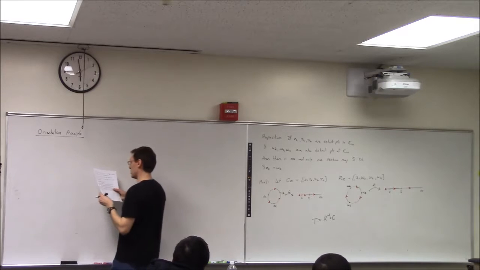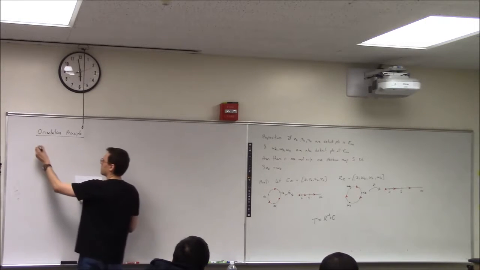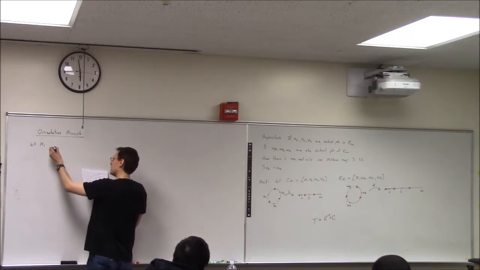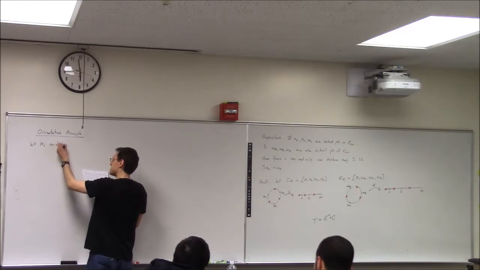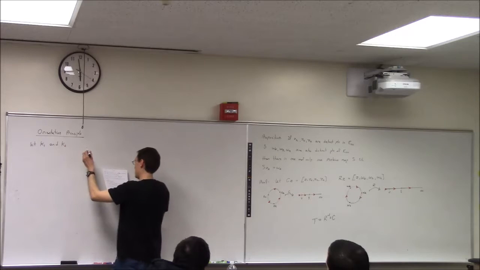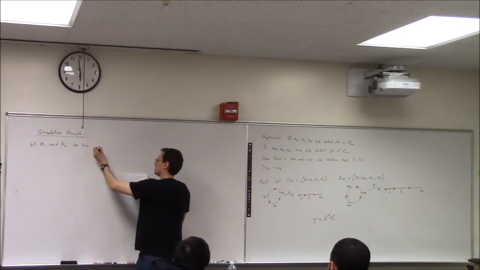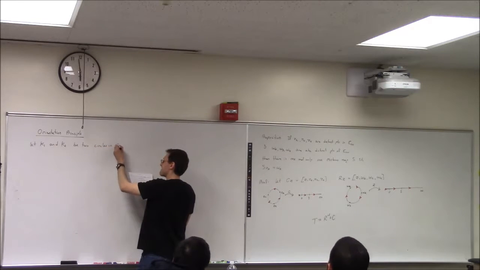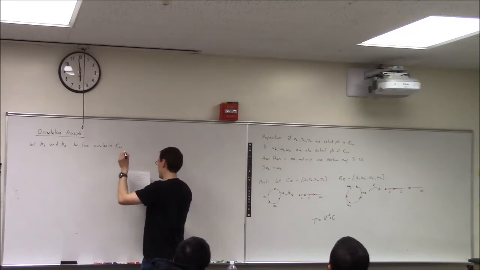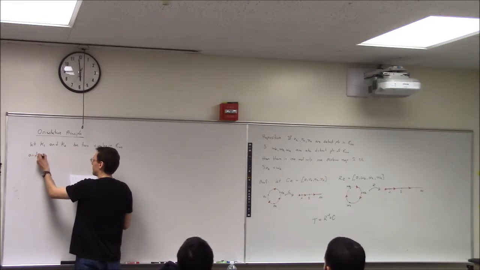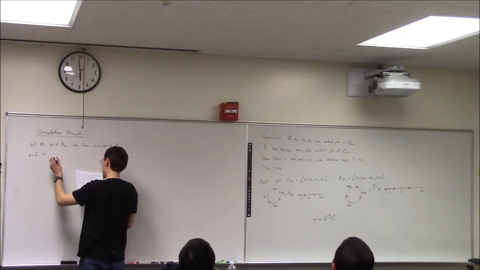Orientation principle. So maybe we can phrase it in the following way. Let K1 and K2 be two circles in the extended plane, with infinity, and T a Mobius transformation.